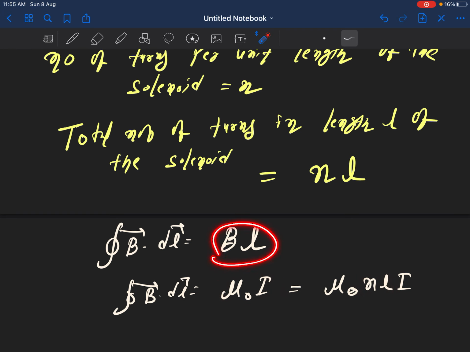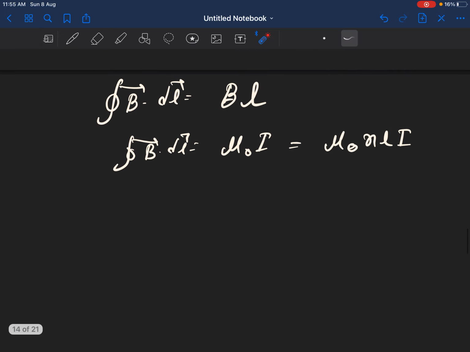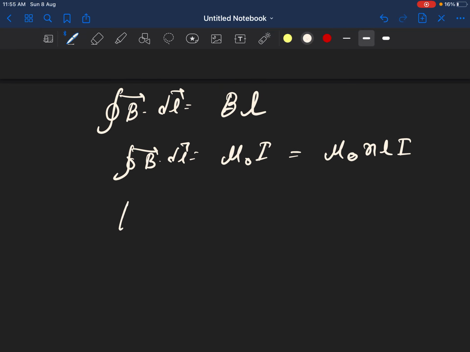Now this equal to bl and this equal to this, now compare these two terms. bl equal to কিমান আহিলে mu naught n l I, l will cancel, so b equal to mu naught n I.